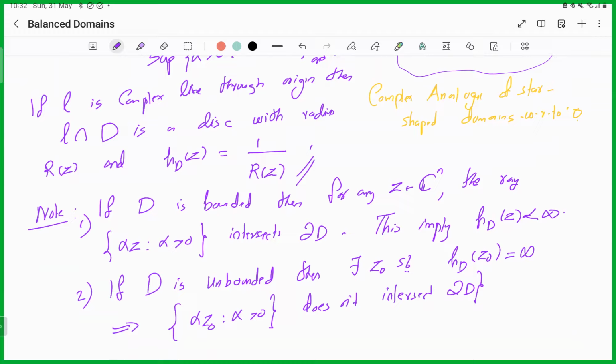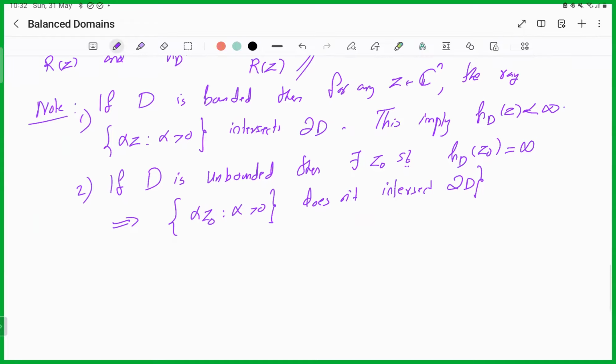So if D is the upper half plane in R2, do you get some z naught such that H_D of z naught is infinite? I think you may need a two-dimensional unbounded domain, something like that. It means you need the domain which is the complex line.